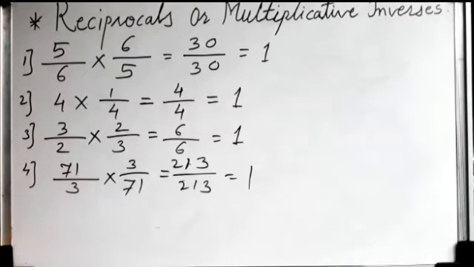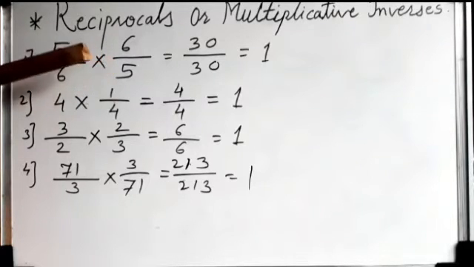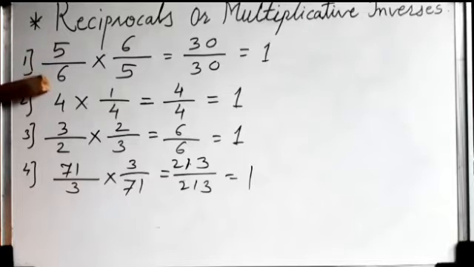What is the same that you have seen in all these examples? See, a fraction is multiplied by another fraction obtained by exchanging the numerator and denominator of the first fraction. Here 5 upon 6, numerator is 5, denominator is 6.